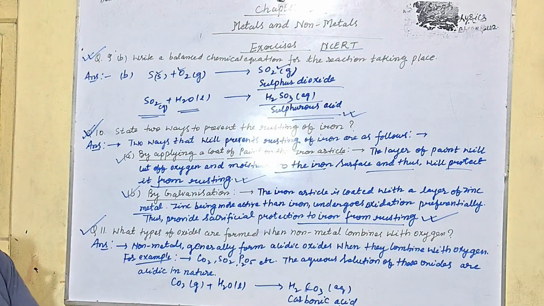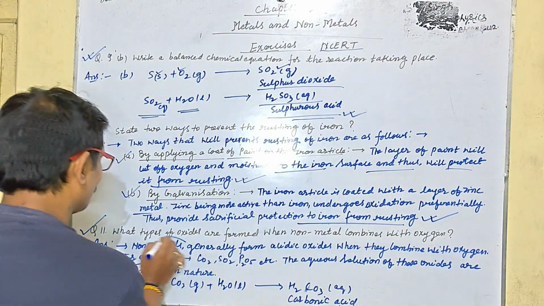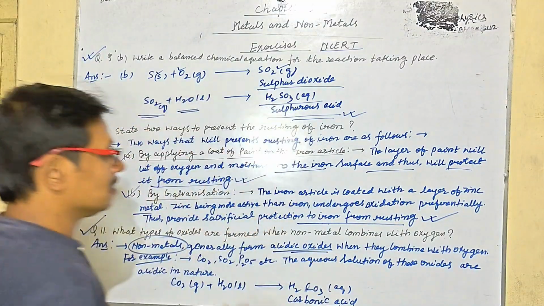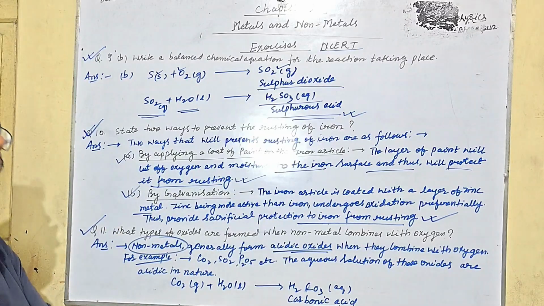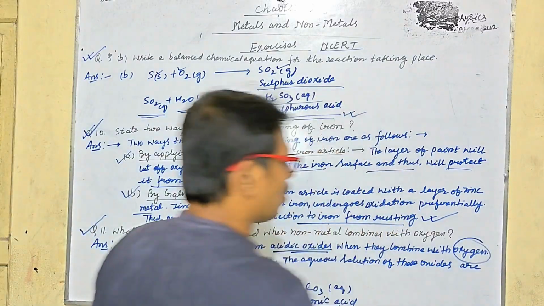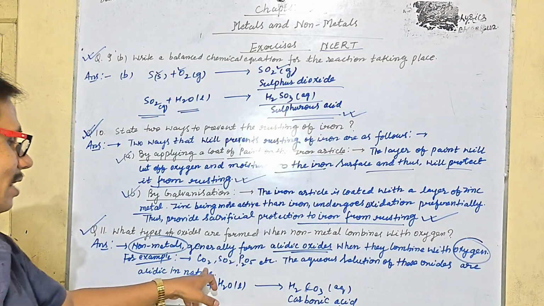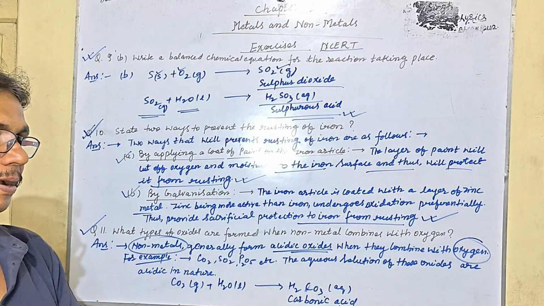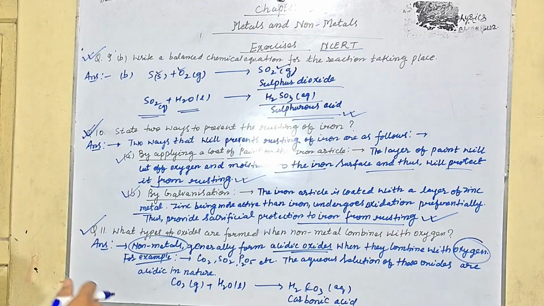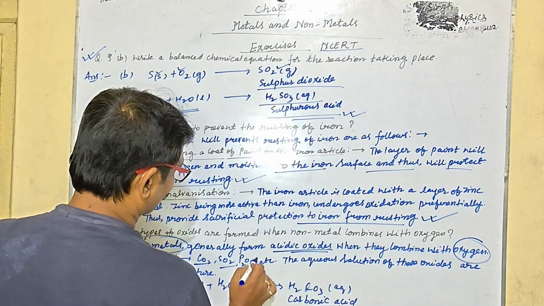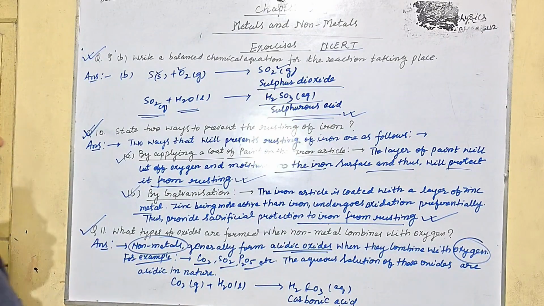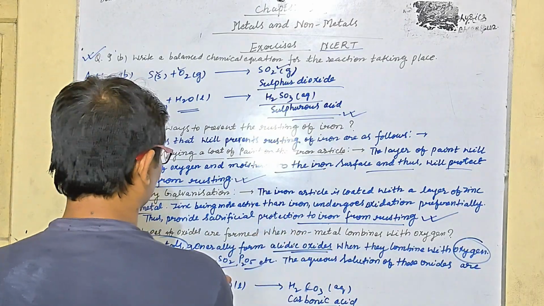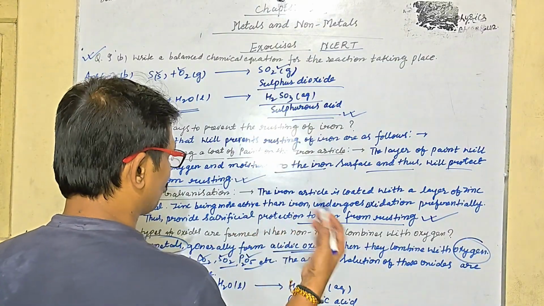Non-metals generally form acidic oxides when they combine with oxygen. For example, SO2, CO2 and phosphorus pentoxide. That is, carbon dioxide, sulfur dioxide and phosphorus pentoxide. So these are non-metal oxides. Non-metals generally form acidic oxides when they combine with oxygen. The examples are carbon dioxide, sulfur dioxide and P2O5, phosphorus pentoxide.